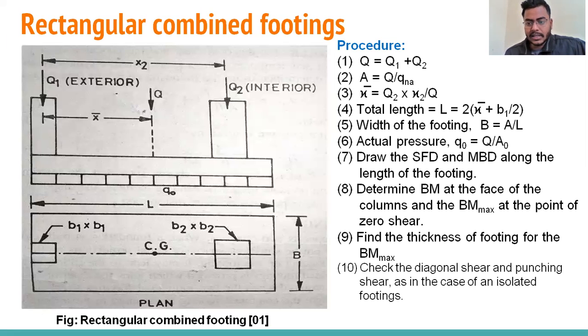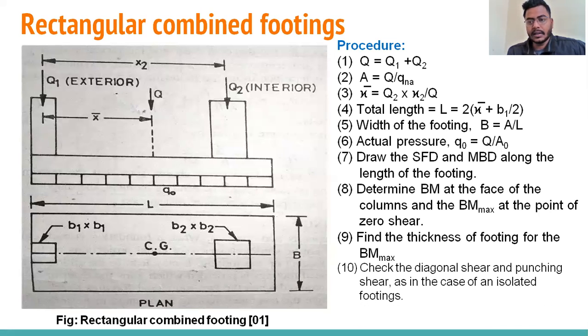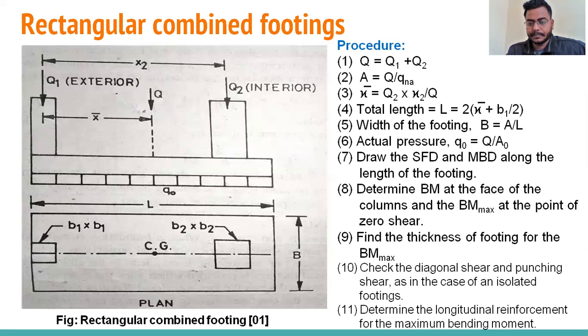Then check the diagonal shear and punching shear, as in the case of the isolated footing. For an isolated footing like this two-column footing, we can check the different shears, like one-way shear and two-way shear. Once we have drawn the shear force diagram, we can find the shear force at any cross section or critical section, and determine the longitudinal reinforcement for the maximum bending moment.